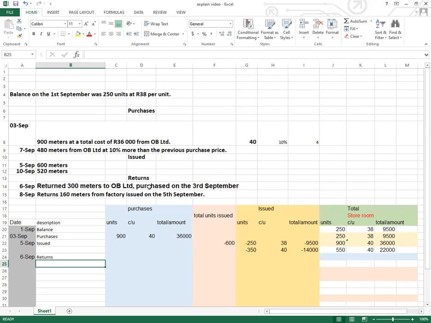And then returns from the customer, which means returns to our storeroom, will increase our units in the storeroom. For example, here we have returned 300 units to OB Ltd, which is our supplier, from what was purchased on the 3rd of September.